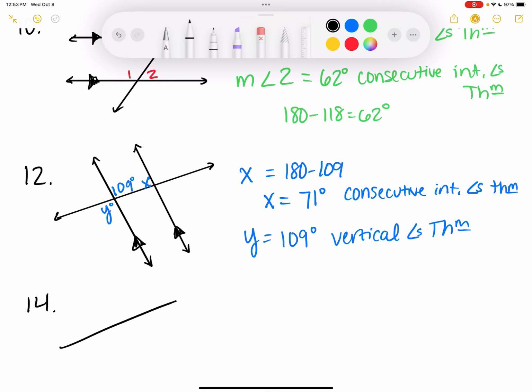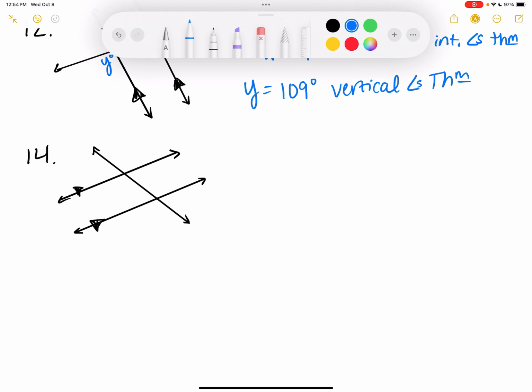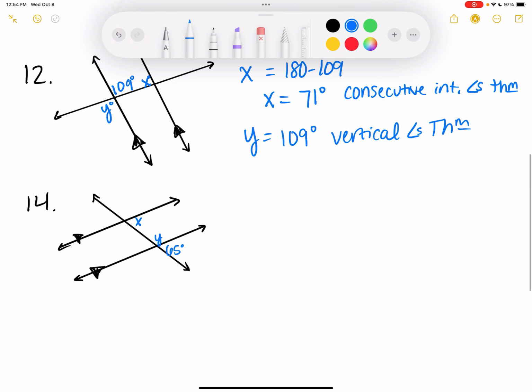Number 14. Let's do x first. Let's do them in order.